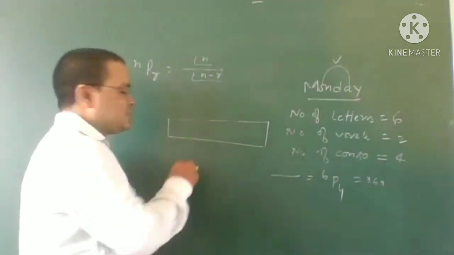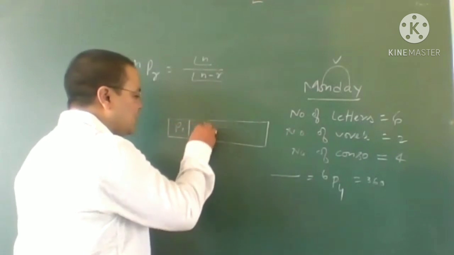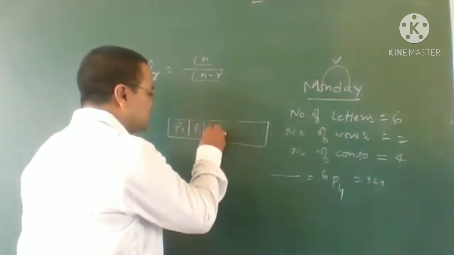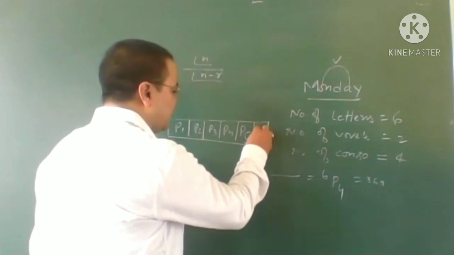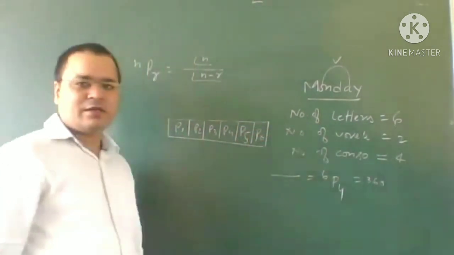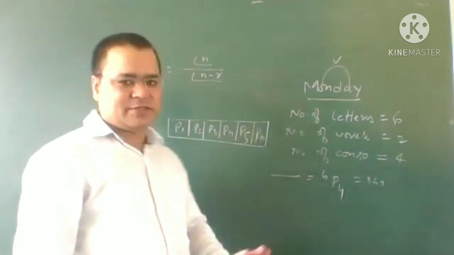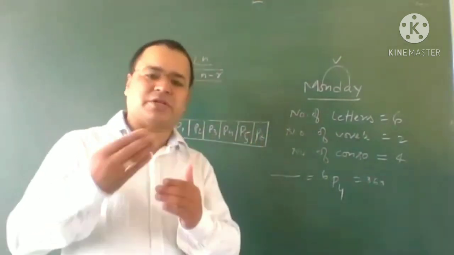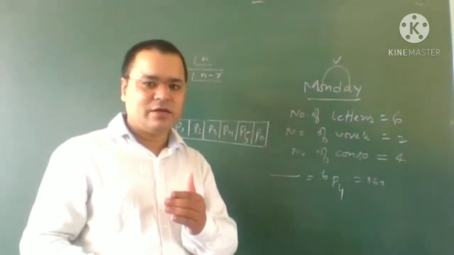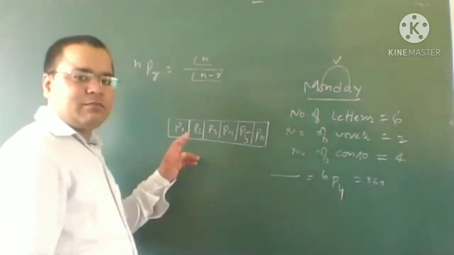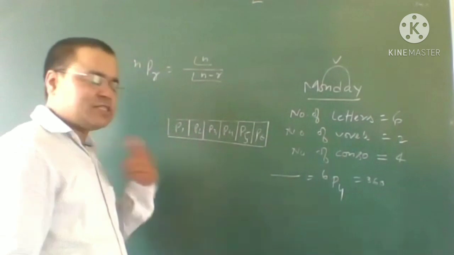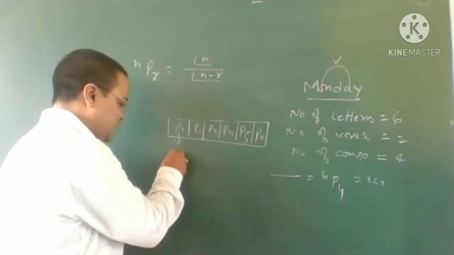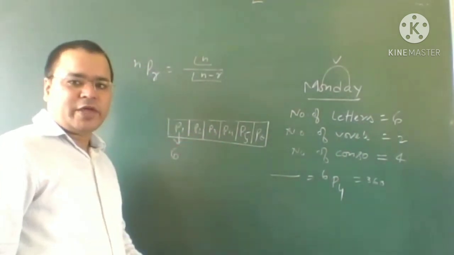Here, there are 6 places: place first, place second, place third, place fourth, place fifth, and place sixth. There are 6 places and 6 persons. Now we can give the first place to any one of 6, which means we have 6 options here.